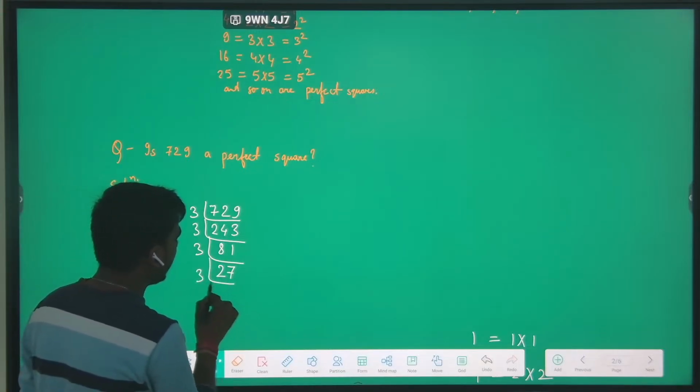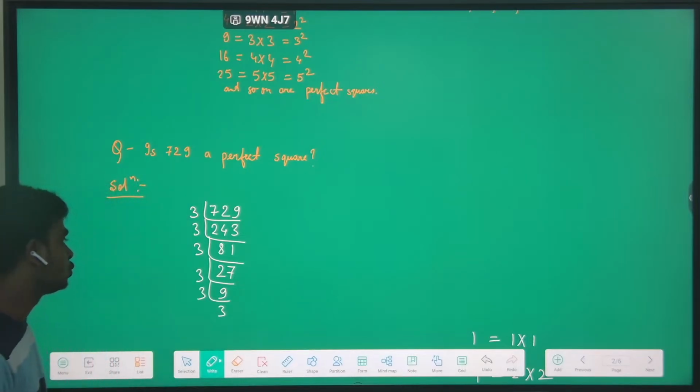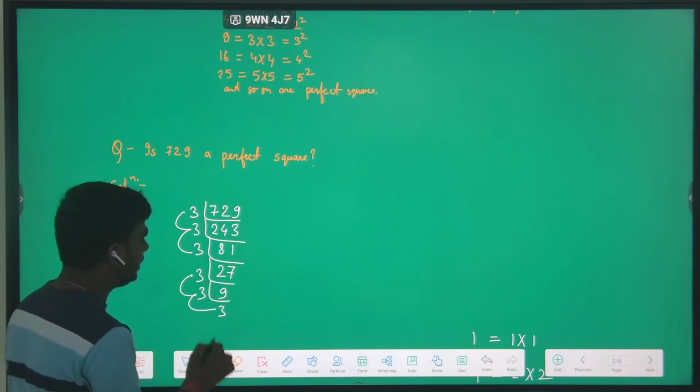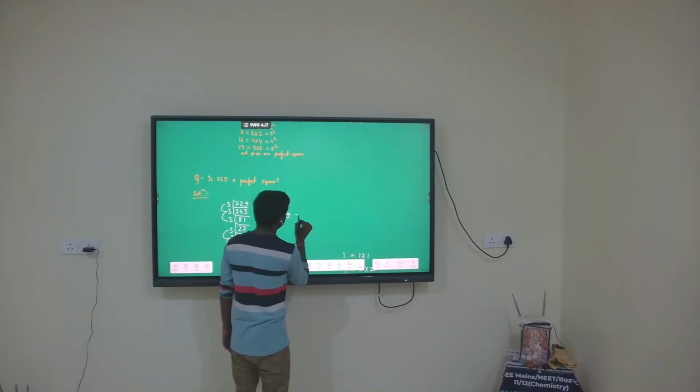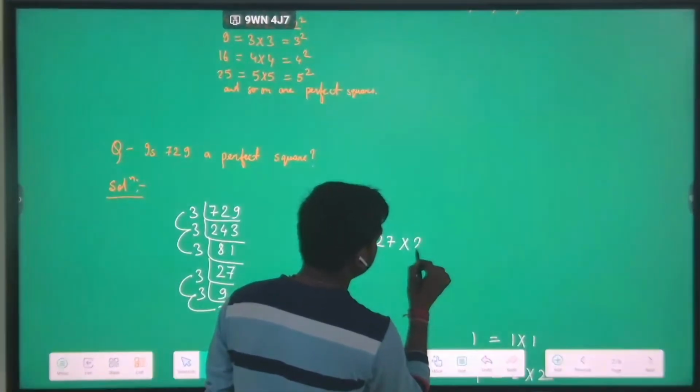Similarly, 3 into 9 is 27 and 3 into 3 is 9. So we are getting 3 into 3 is 9, 9 into 3 is 27. So we are getting 729 as 27 into 27.